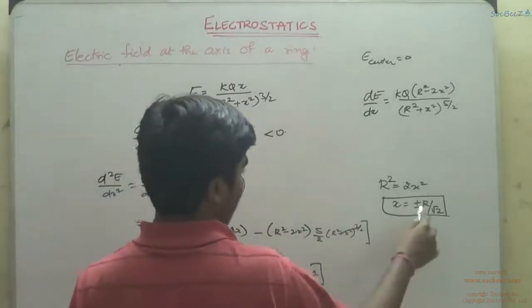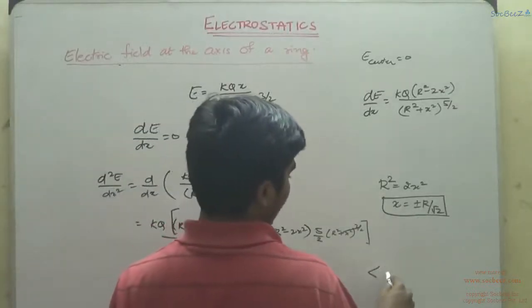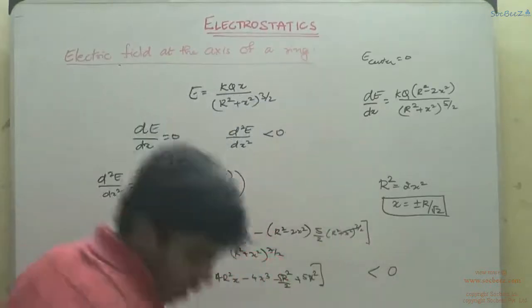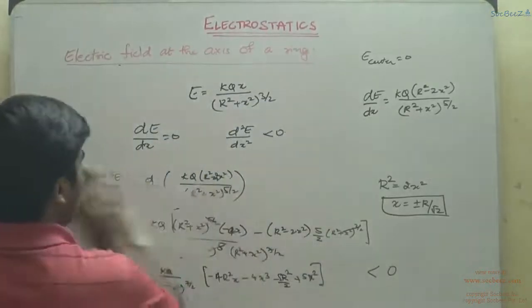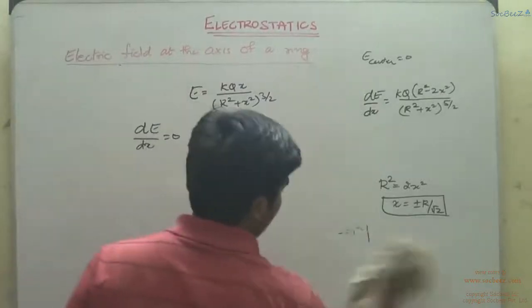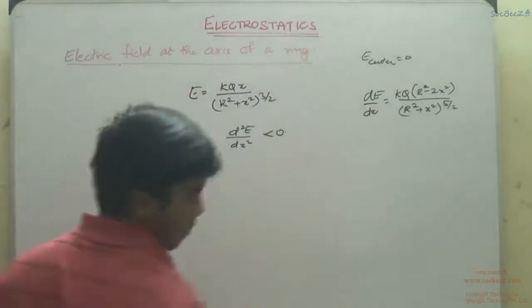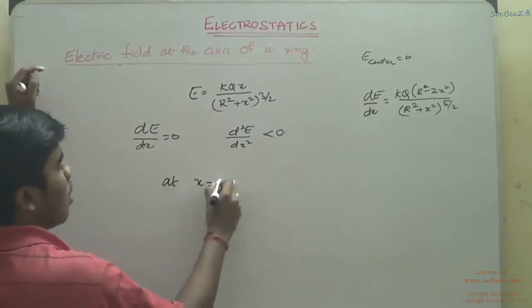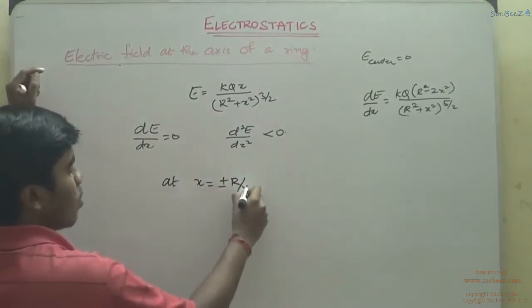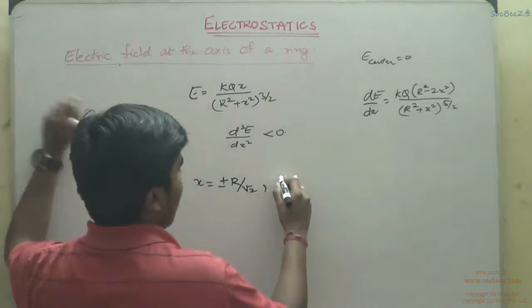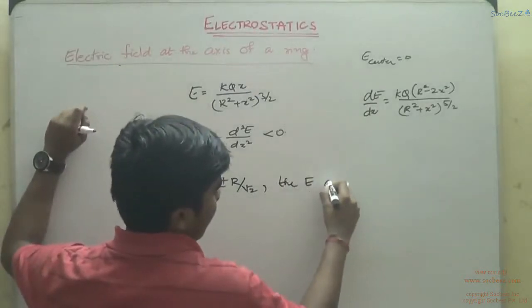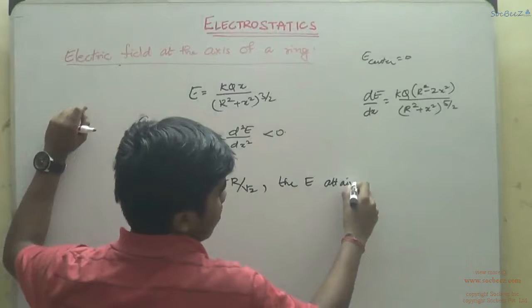On substituting this value we find out that this is less than 0. Thus we say that at x equal to plus or minus r by root 2, the electric field attains its maximum value.